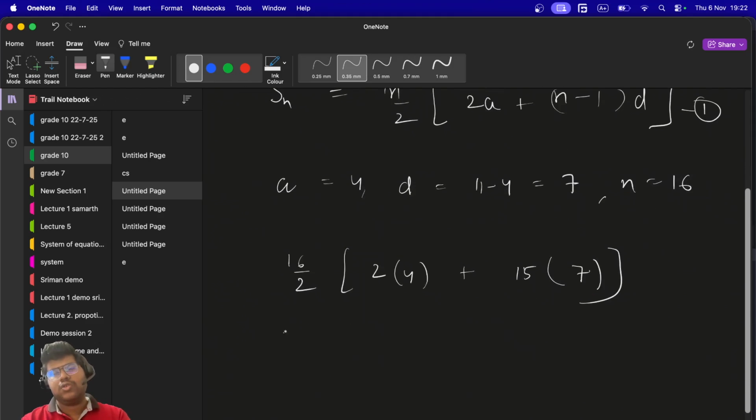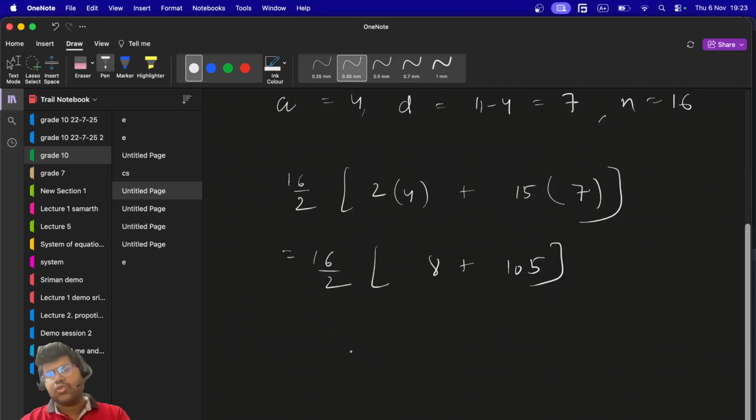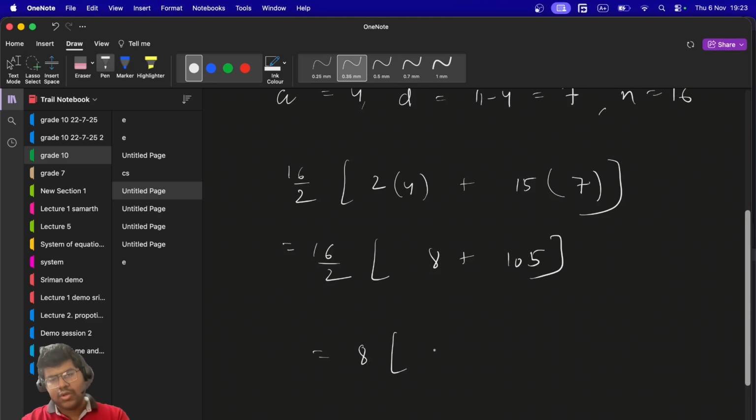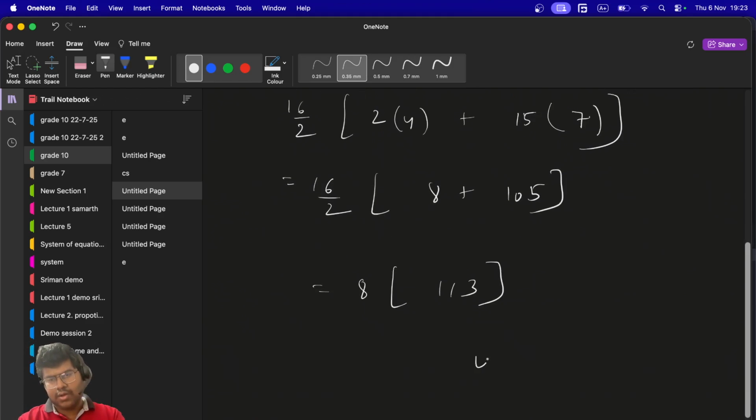Right? So then I can solve 16 over 2, 8 plus 105. So I got 8 times how much? 113. And then when I find 8 times 113, then I got how much? 8 threes are 24, 2 to the carry.